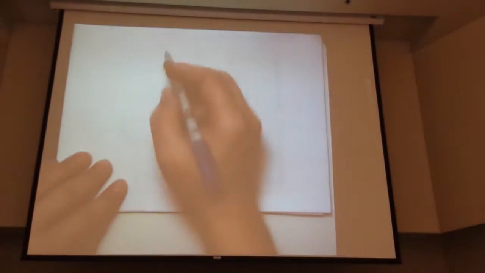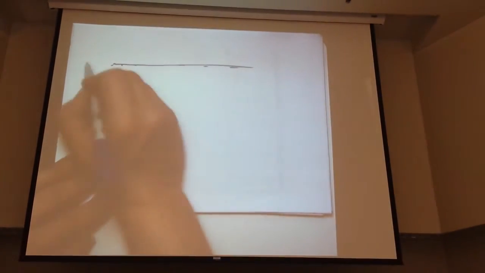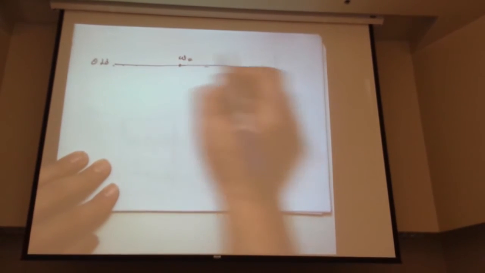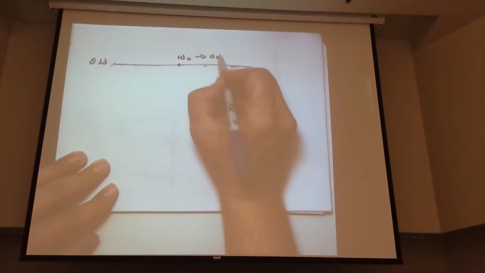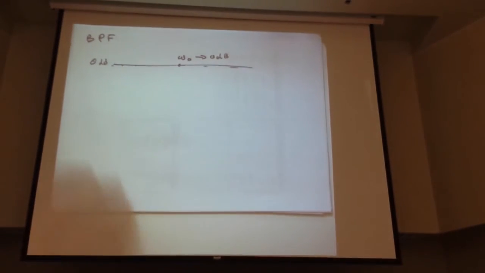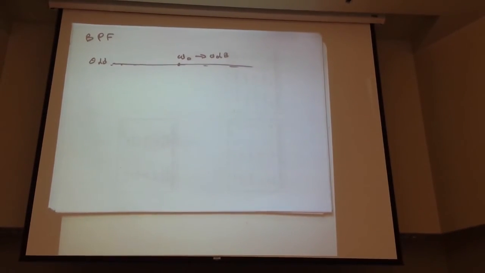Underdamped bandpass, it's the same expression, but here's our 0 dB line. At omega naught is 0 dB. This is the bandpass filter. Omega naught is always 0 dB.